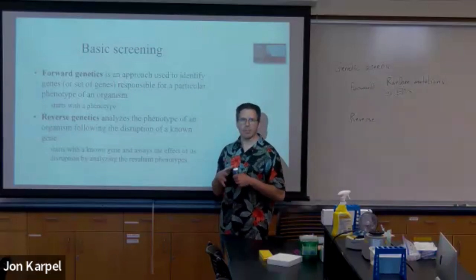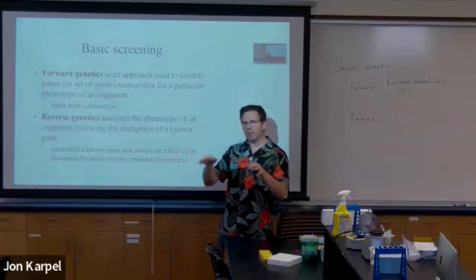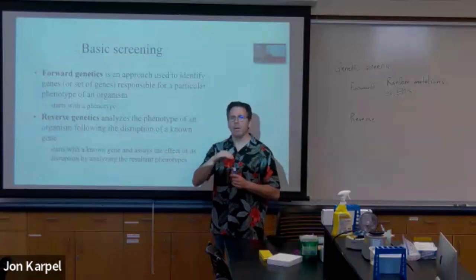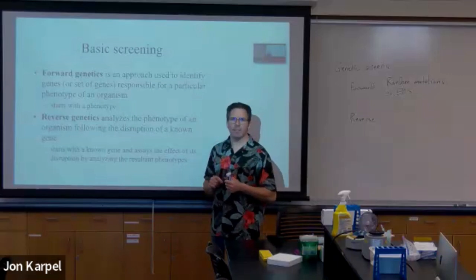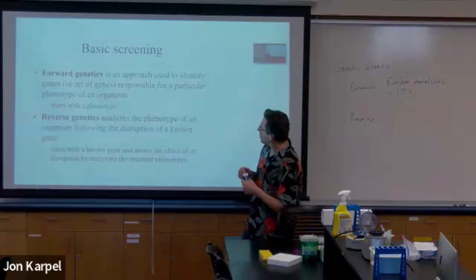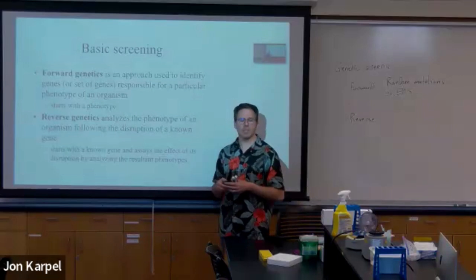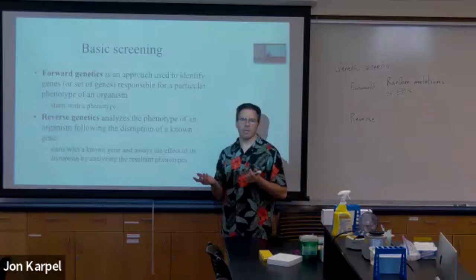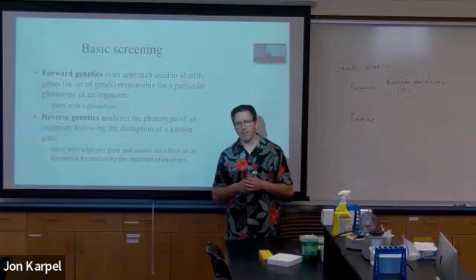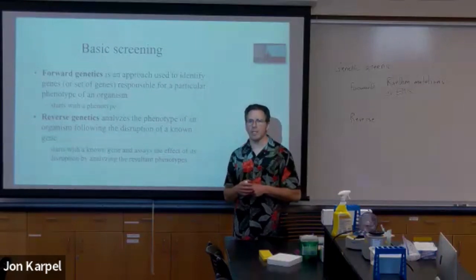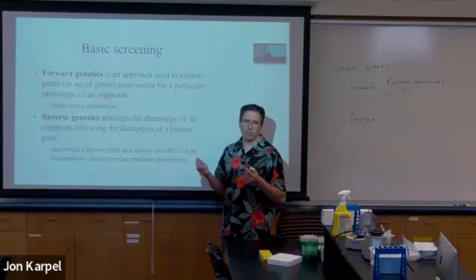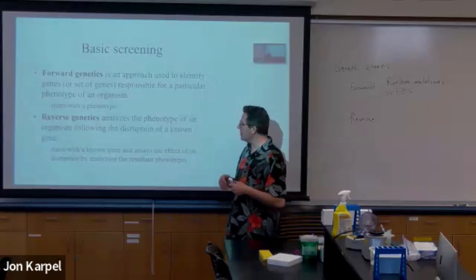Beadle and Tatum used X-rays, where you would just make random mutations in the genome, and then you would basically look for organisms that had a phenotype of interest. So think of Thomas Hunt Morgan with his white-eyed flies. He got those through mutations.